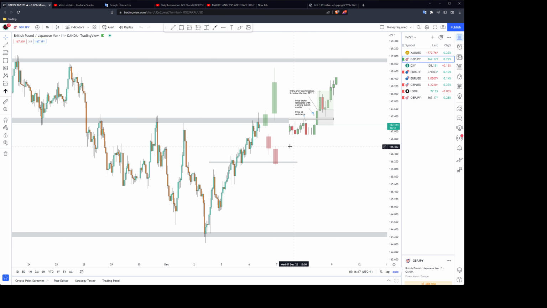Here are the drawings, but I don't believe that I will be taking any sells on GJ. I will not take sells in this, because as you can see, come up, reject, come up, reject. I don't see any clean traffic, for example, right here.